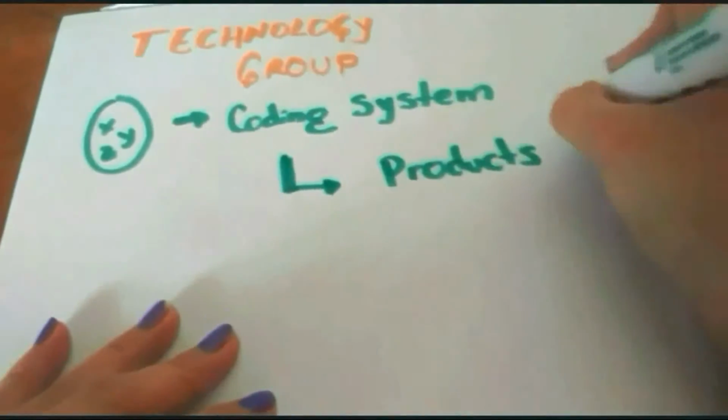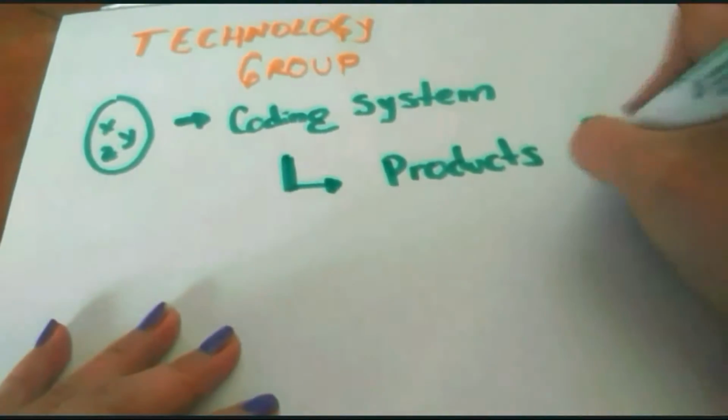About group technology, it involves developing a coding system for the components that are part of the products manufactured by the organization.